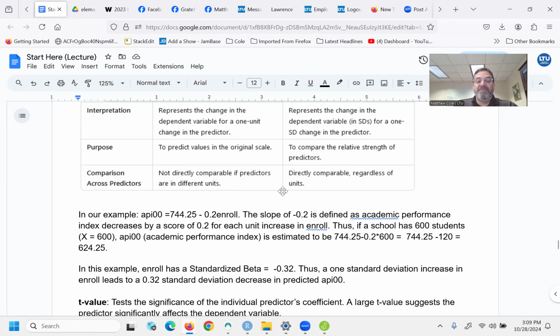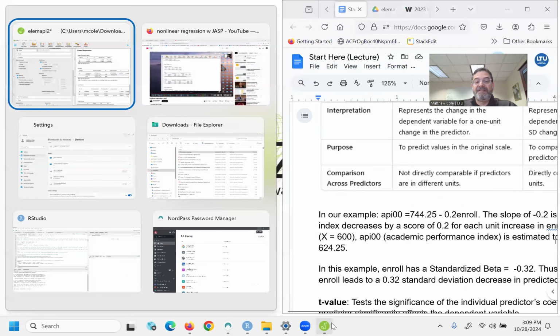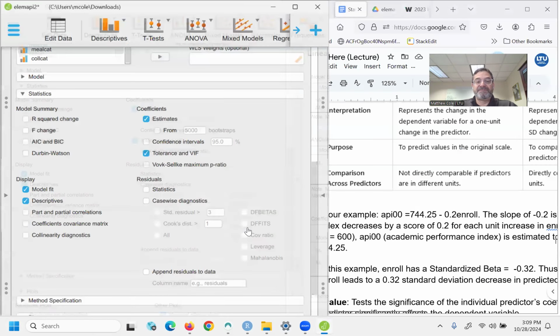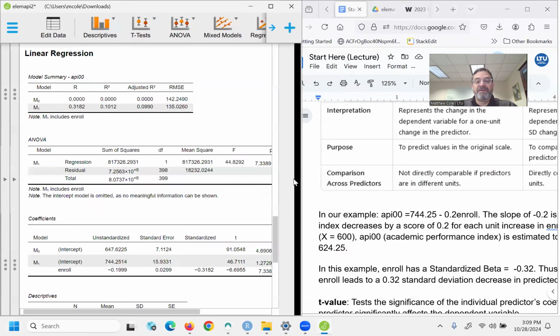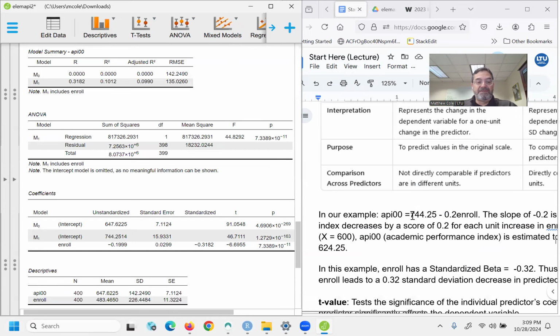So in our example, what do we have here? Let's put these side by side so we can see. We see here that API, because that's what we are predicting, equals 744.25 minus, why is it minus?